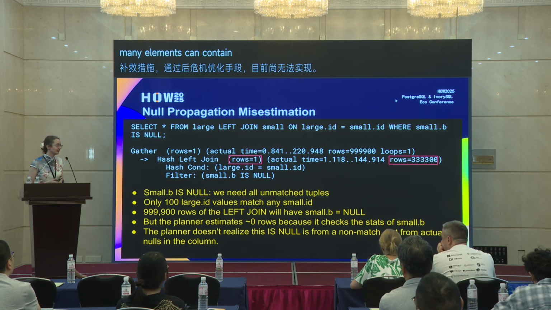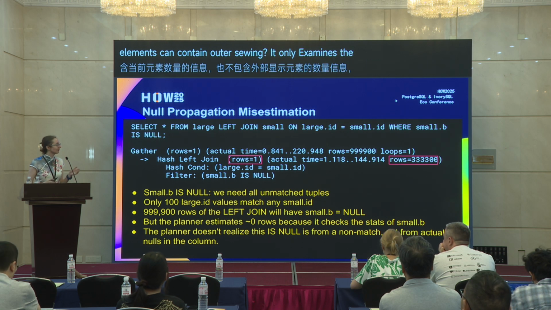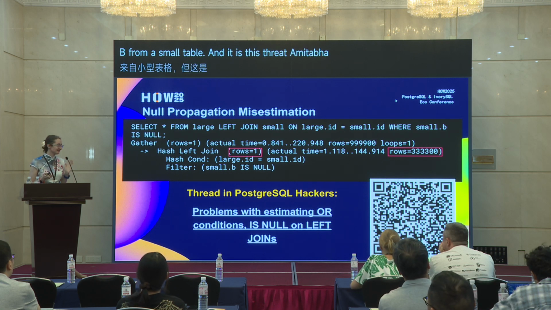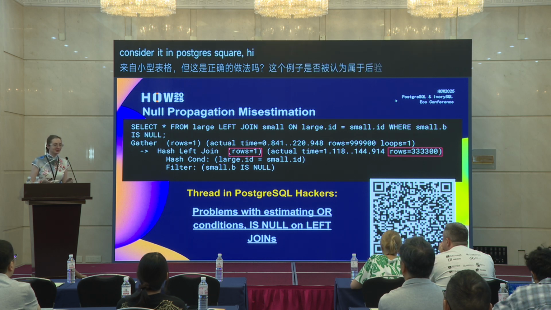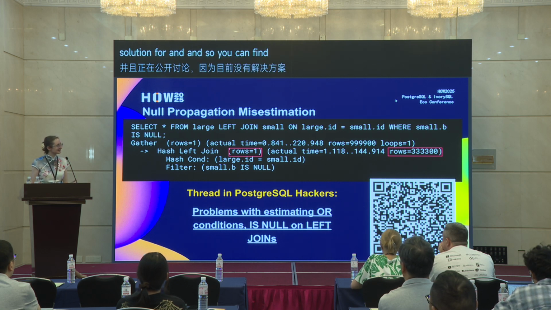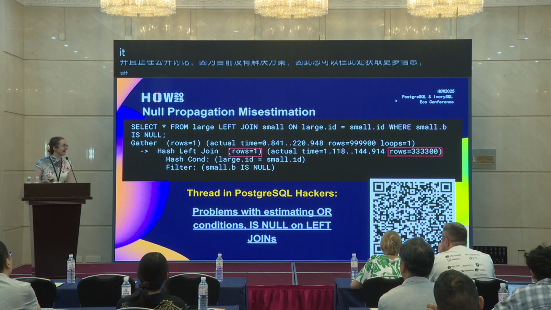It only examines the null elements of column B from the small table. This example was considered in the PostgreSQL hackers thread, and it is still open because there is no solution for now. You can find more information about this, or maybe participate in it, and it will be interesting.